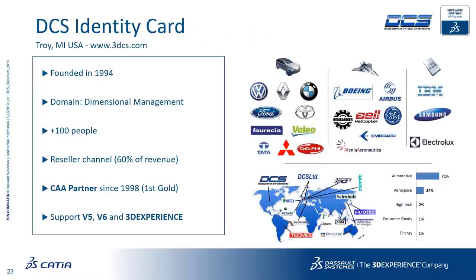They're sitting in the US, and they are a CAA partner since 1998. And they support us in CATIA V5, V6, and also in the 3D experience. And as you can see here, DCS also has a very wide range of aerospace and defense references.